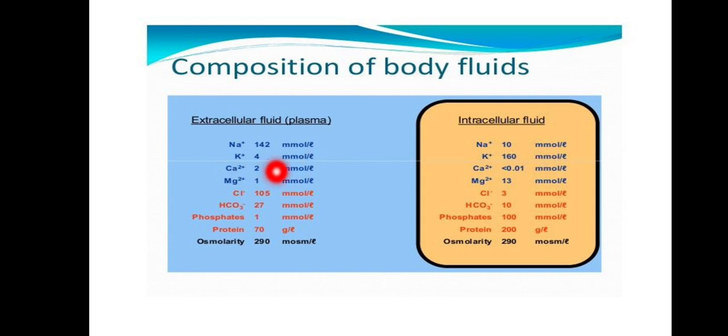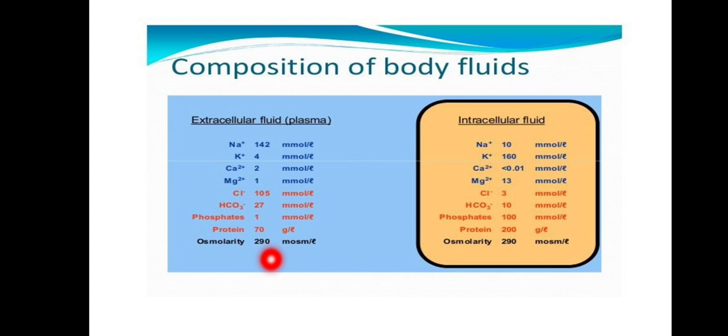Potassium is little outside the cell. However, it's more inside the cell. The distribution of calcium, magnesium, chloride, bicarbonate, phosphate, and proteins follows. Outside the cell we have about 70, and inside the cell we have about 200. However, if we total the intracellular and the extracellular, all of them combined, we must be able to come up with an osmolarity of approximately 290 milliosmoles per liter.